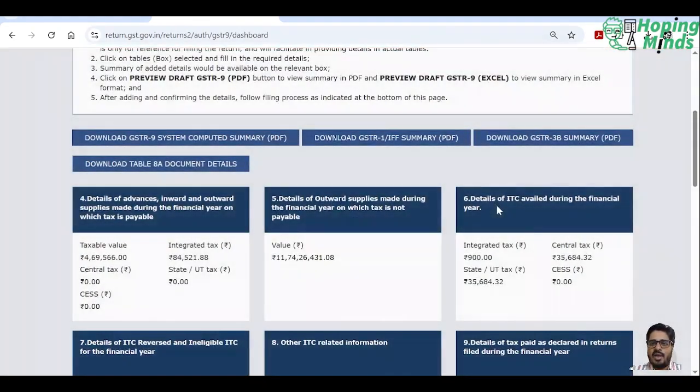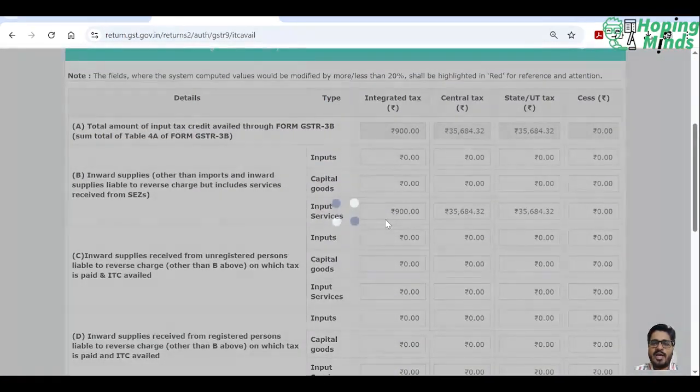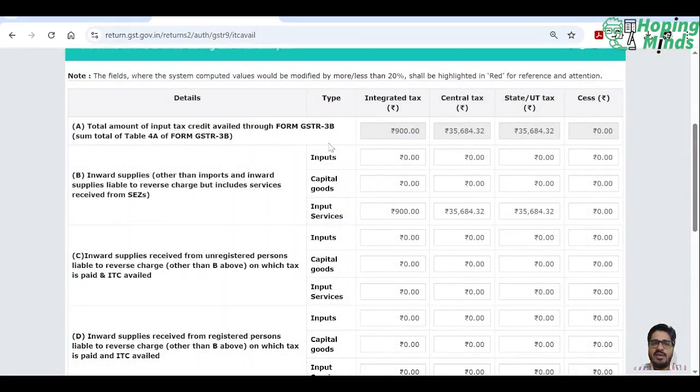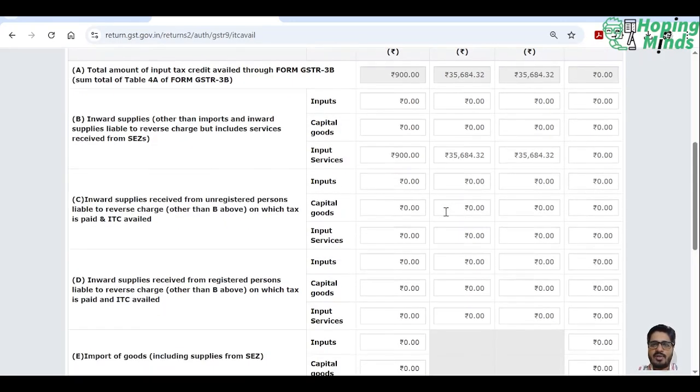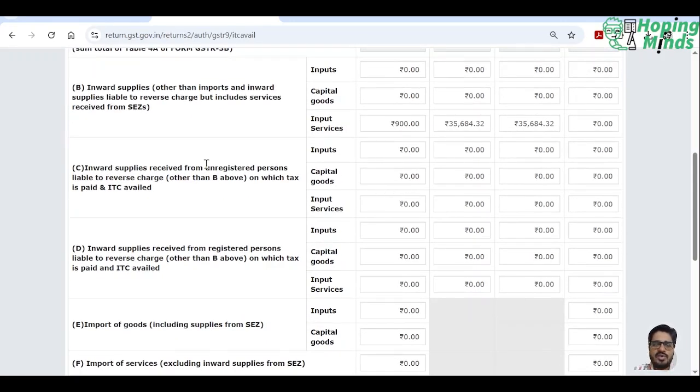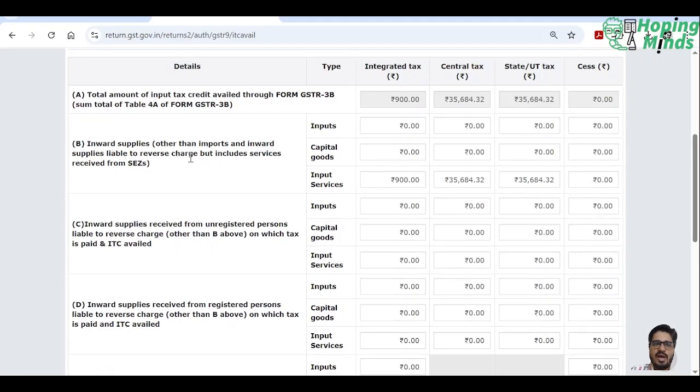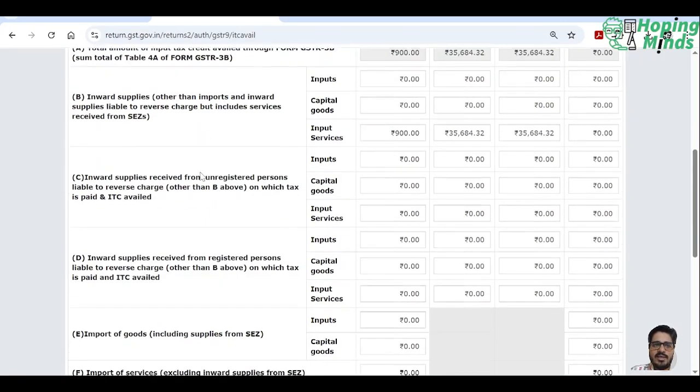Then details of ITC availed during the financial year. These are the input tax credits we have availed during the financial year. These inputs are required to be bifurcated under inputs, capital goods and input services. So we have availed only inputs against input services. So here also multiple disclosures are required to be made, like inward supplies other than imports and inward supplies liable to reverse charge but includes services received from SEZ.